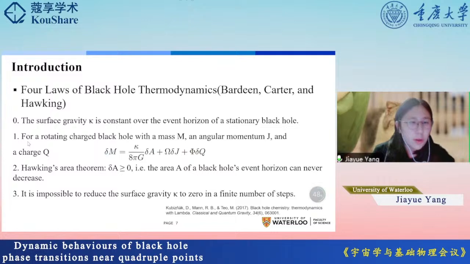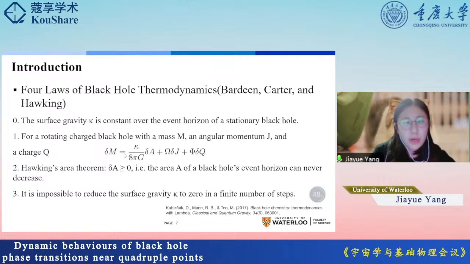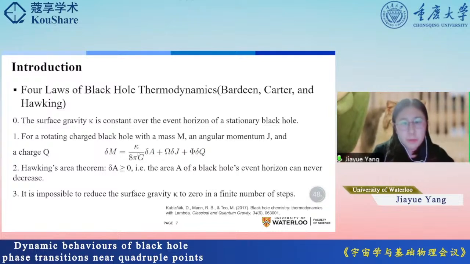And the first law is: for a general black hole that has a mass M, an angular momentum J, and a charge Q, we have the differences of the mass between solutions. The delta M is related to the differences between the area of the event horizon, delta A, and also delta J and delta Q, where J is the angular momentum and Q is the charge.